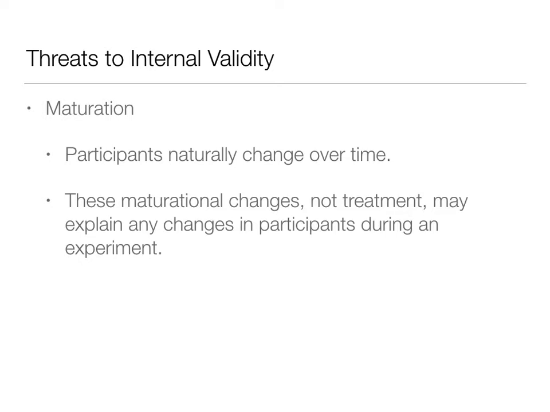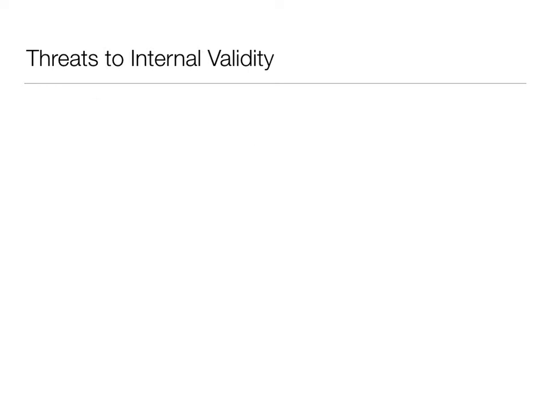So then we don't know if it's the treatment, or if it's just the natural changes within this population. This is at a greater risk for developmental research, especially the younger the participants are, because change is more rapid when you're younger. We'll still see change in all age groups, but this is going to be a greater risk in these periods where developmental change is happening more rapidly.